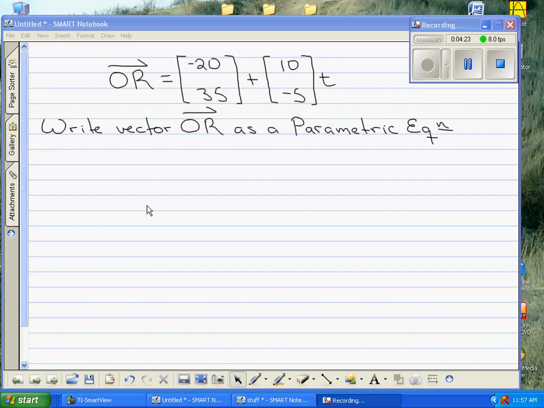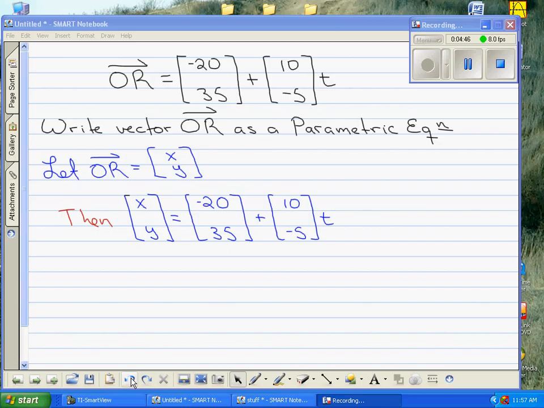What we want to do is write vector OR as a parametric equation. Before we do so, I'm going to write OR in component form. So I'm going to let vector OR equal vector XY. Remember, component form is writing a vector as a matrix. So that will yield the equation XY is equal to negative 20, 35 plus vector 10, negative 5 times t.